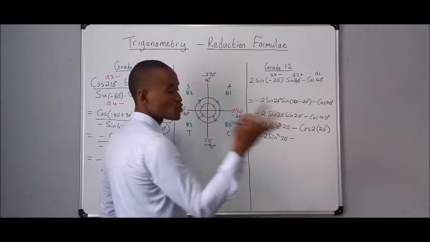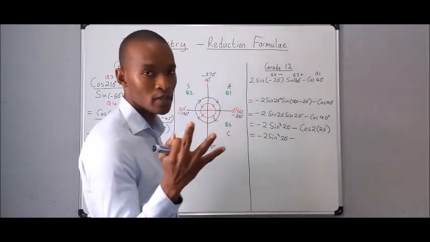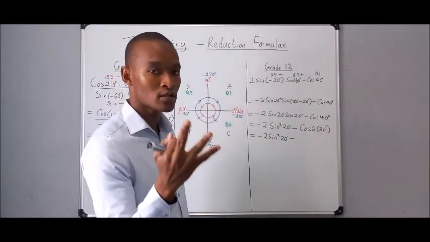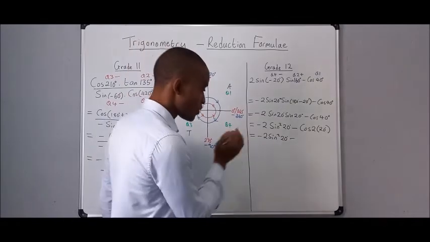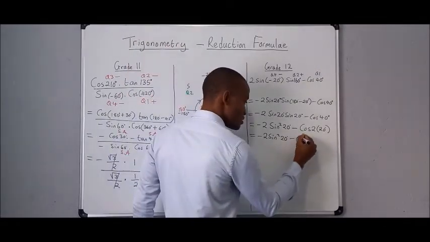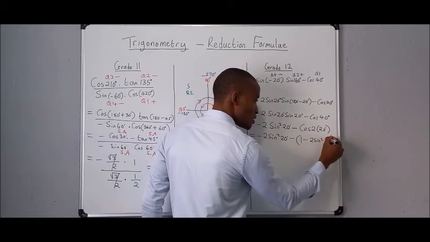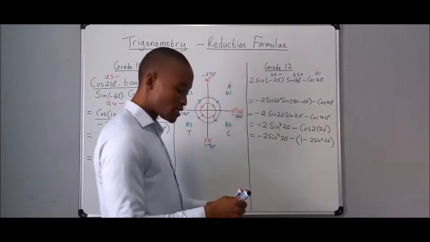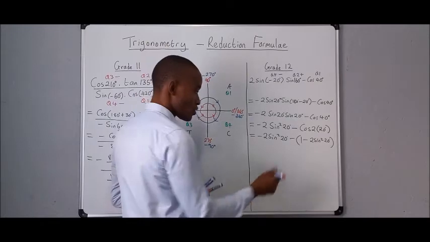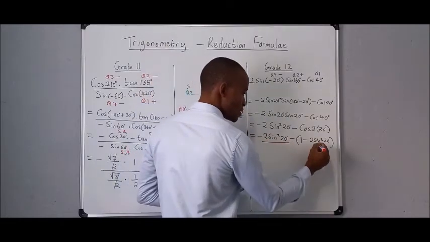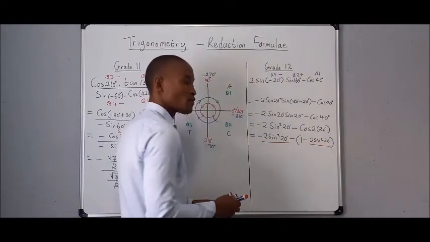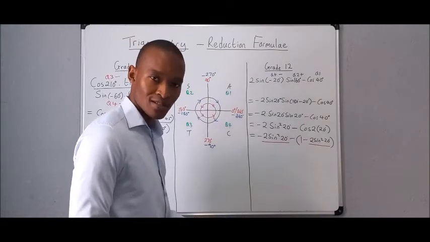There are three choices for the expansion of the double angle identity for cos. However, the relevant one that we're going to choose here is 1 minus 2 sine squared 20 degrees. And clearly you can see why we do that, because we have a sine squared 20, which produces again for us a sine squared 20 degrees.